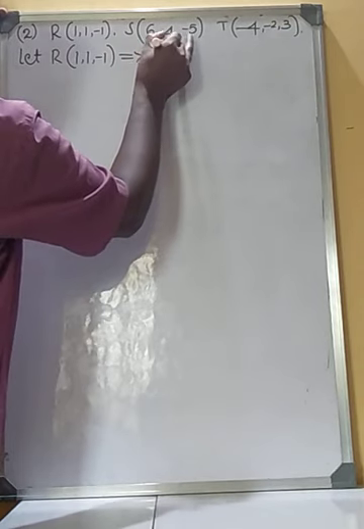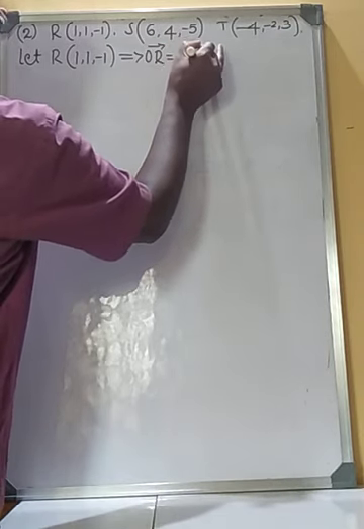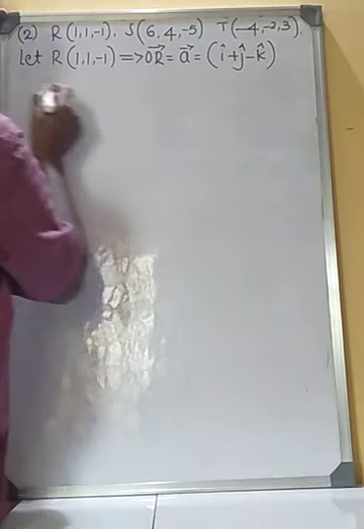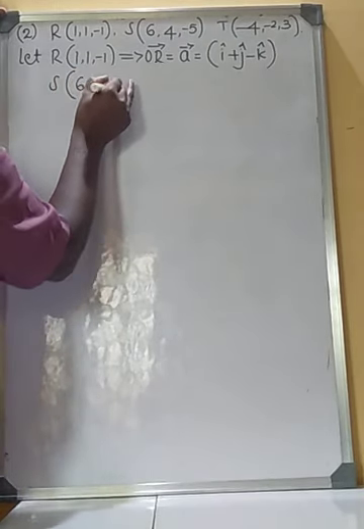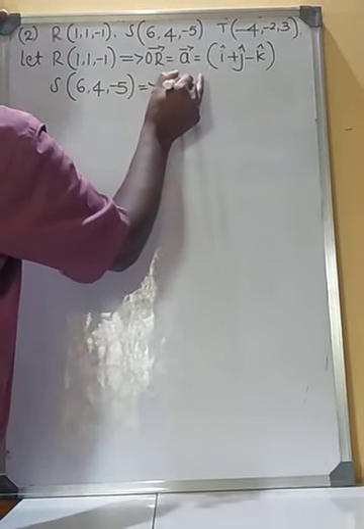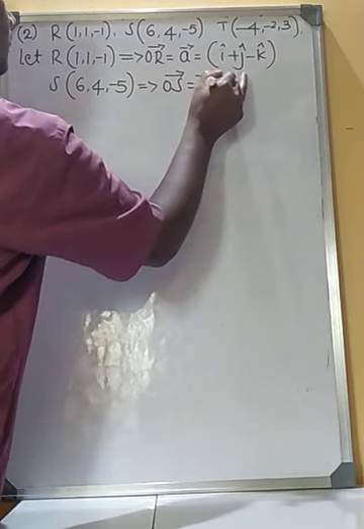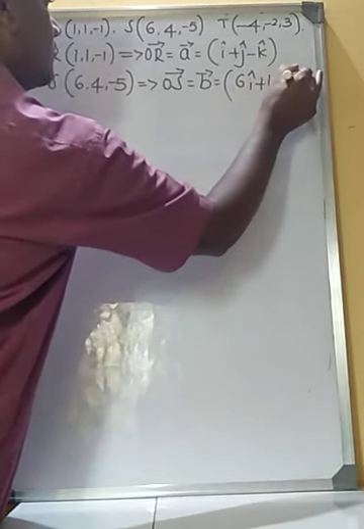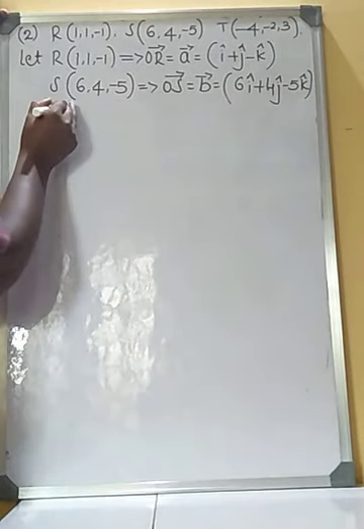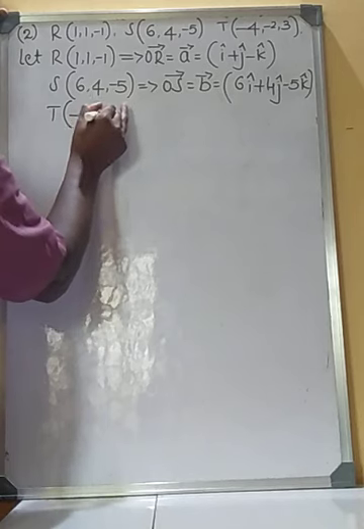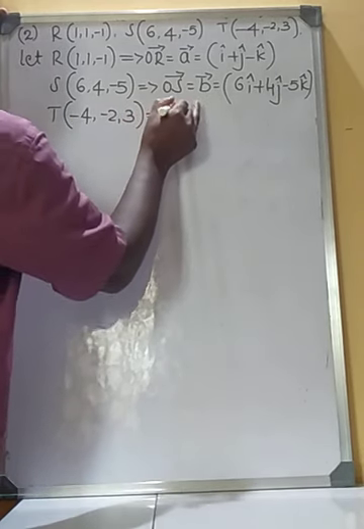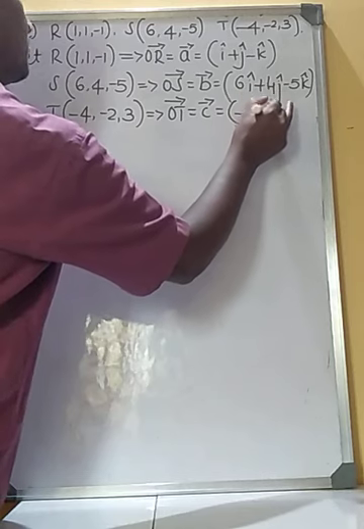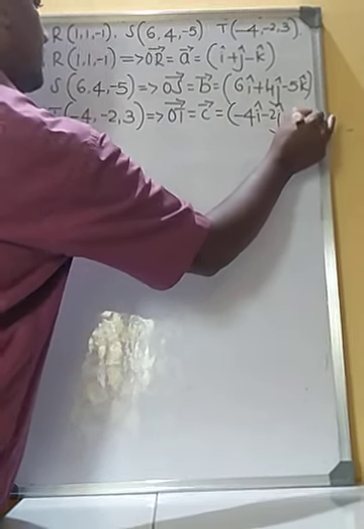This implies OR vector is equal to vector A, i plus j minus k. S (6, 4, -5) implies OS vector is equal to vector B, 6i plus 4j minus 5k. T point (-4, -2, 3) implies OT vector is equal to vector C, -4i minus 2j plus 3k.